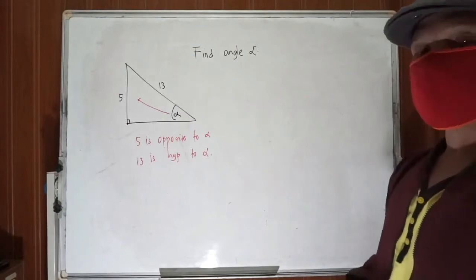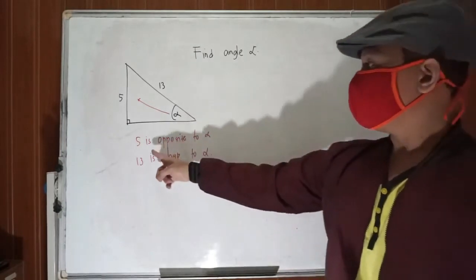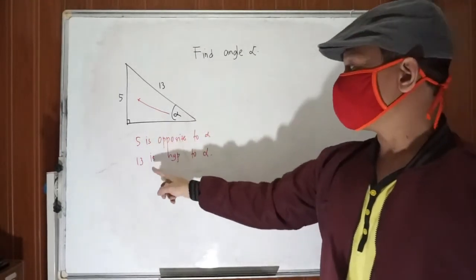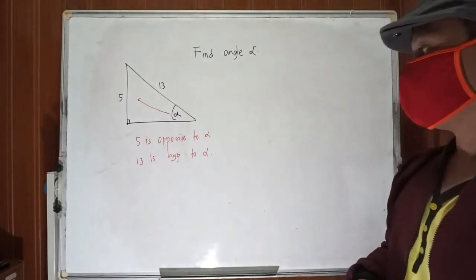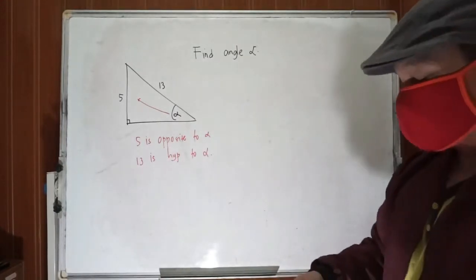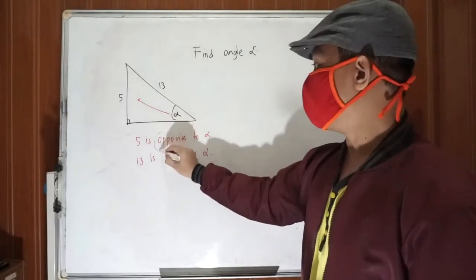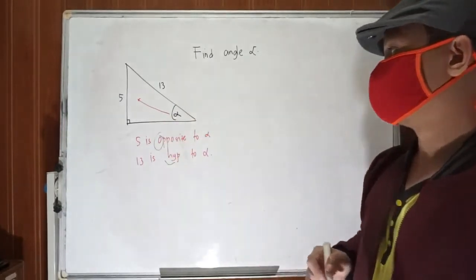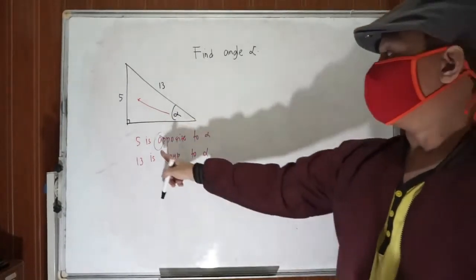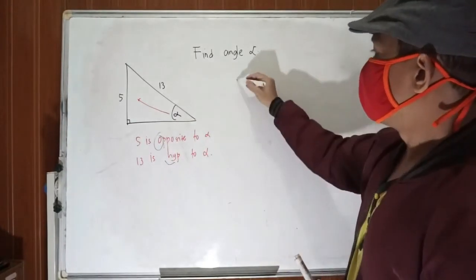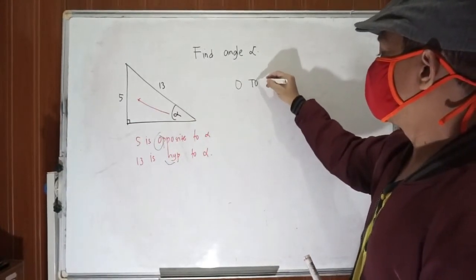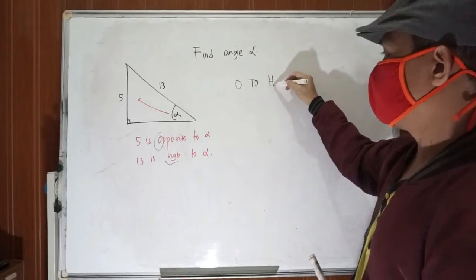Okay, students, 5 is opposite to alpha and 13 is the hypotenuse, right? So the connection is O to H, opposite to hypotenuse.